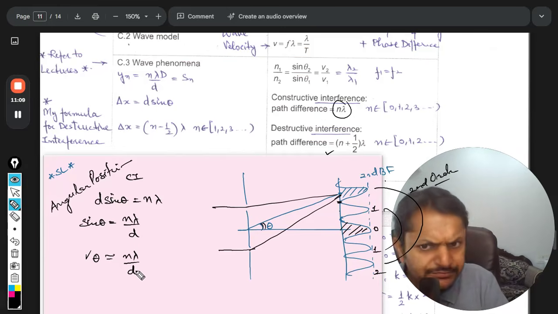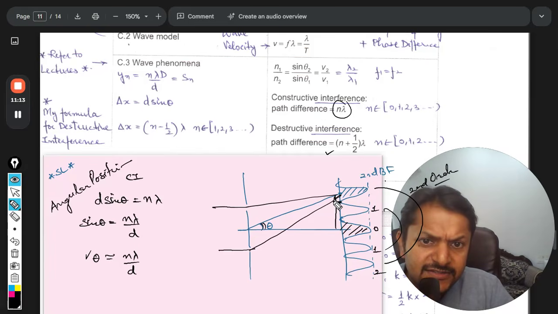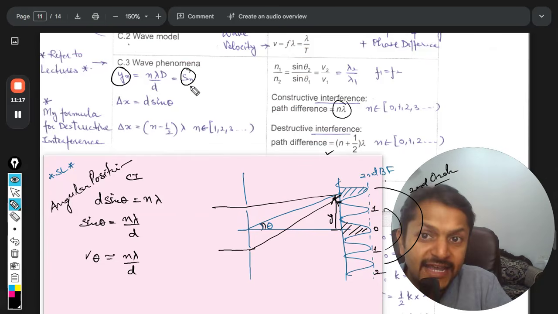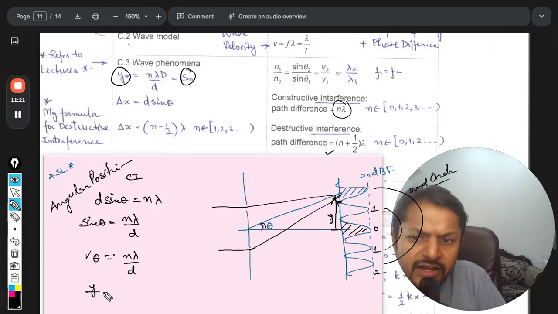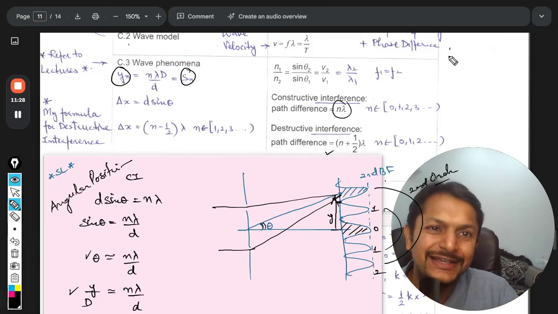Now, moving next. If you want to find this distance, which I have written as y, or if your books are writing it as Sn also, then theta is written as y divided by capital D. Don't ask me why this is possible, because there is this limit. You might have learned it in maths AHL: limit sine theta is equal to tangent theta when theta is small.